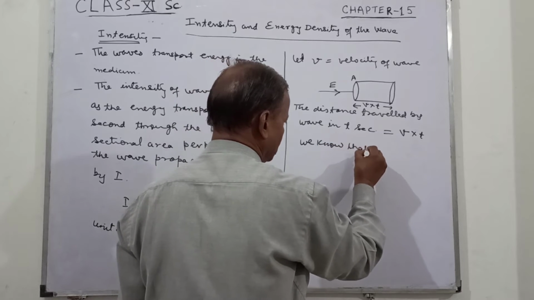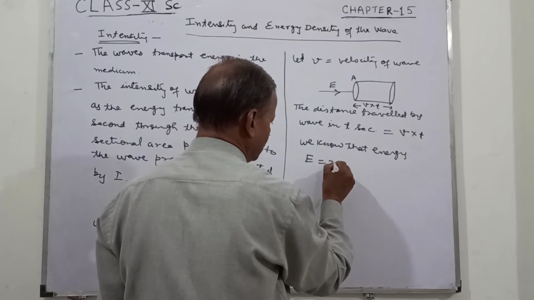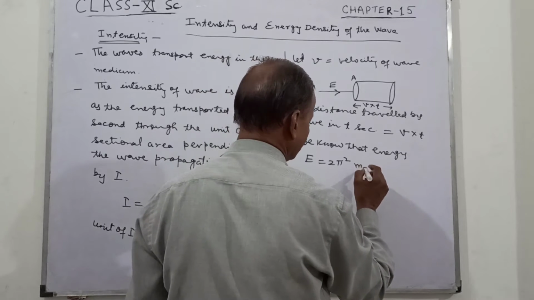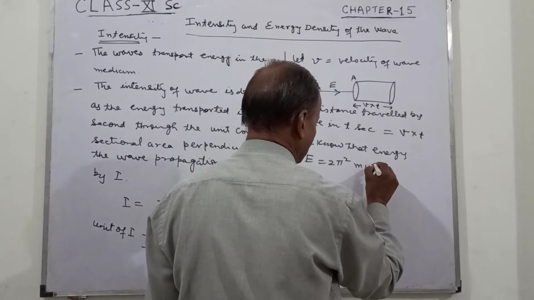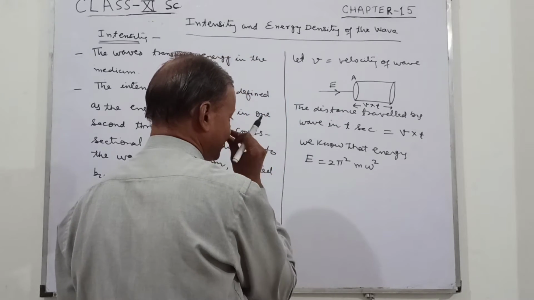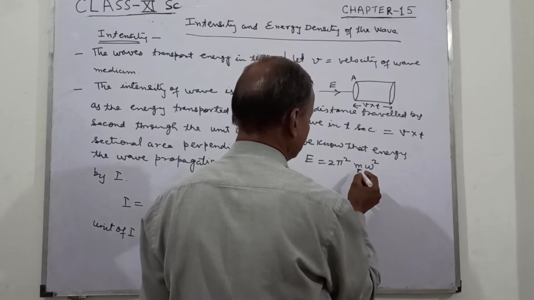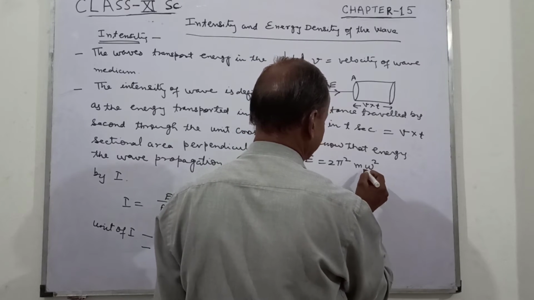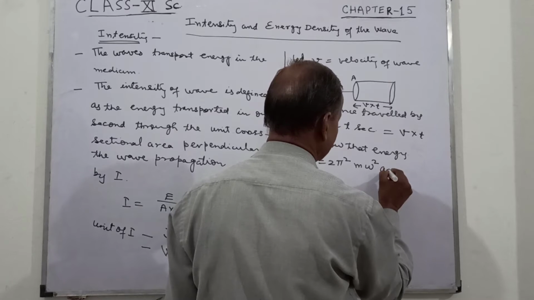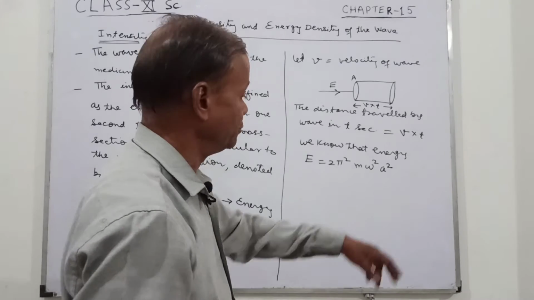We know that energy E equals 2 pi square m omega square A square, where m is the mass, omega is the angular frequency, and A is the amplitude.